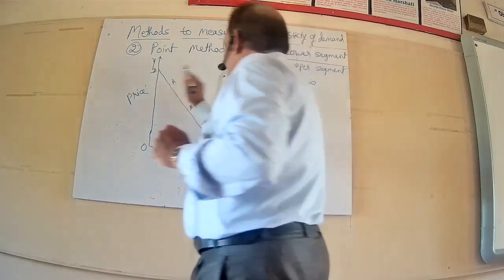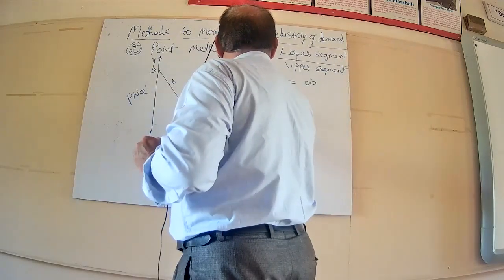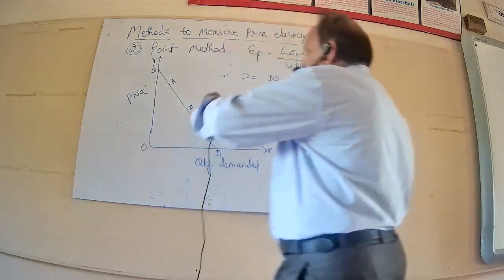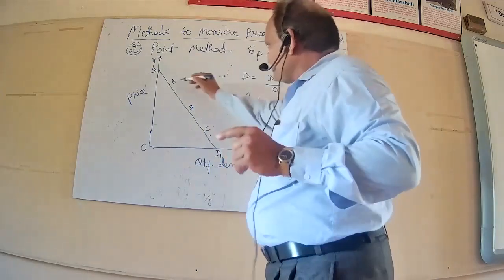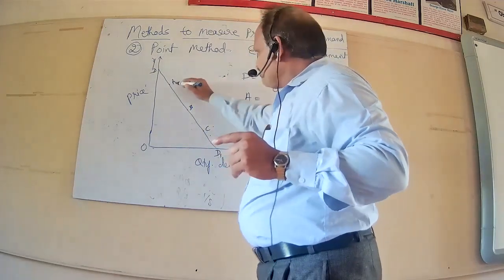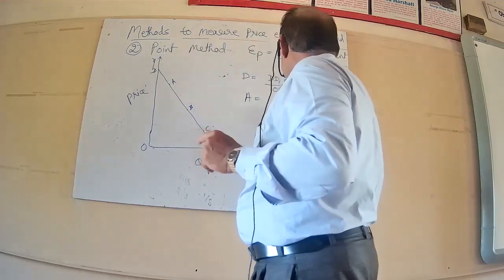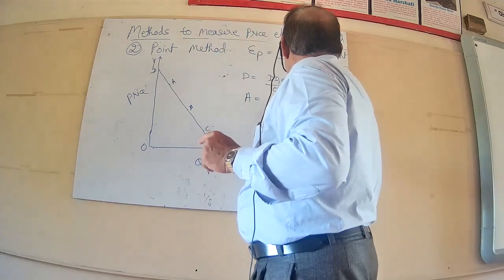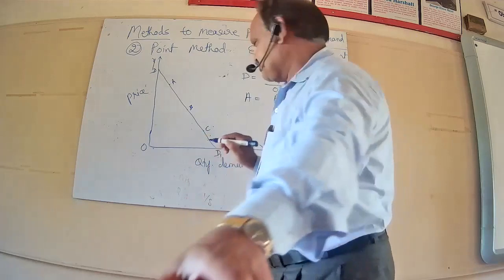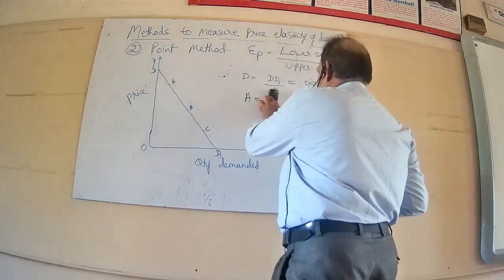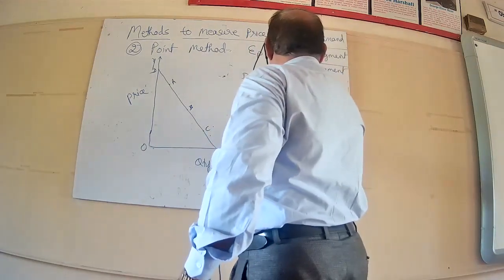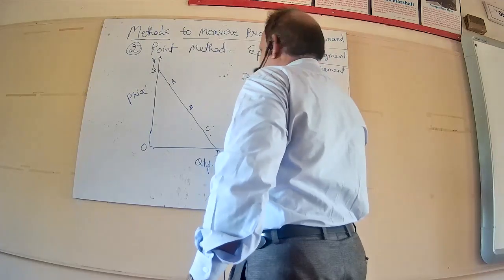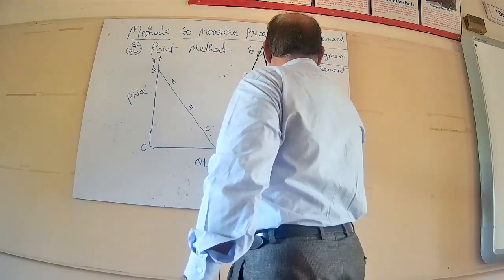Then price elasticity at point A. At point A, lower segment is AD1 and upper segment is AD. So AD1 divided by AD.